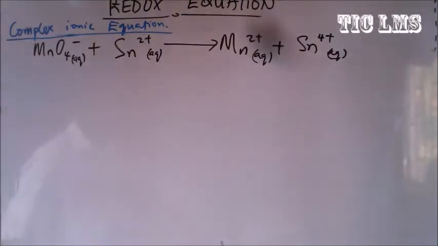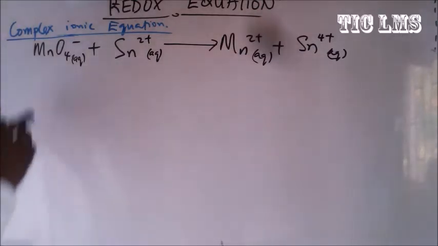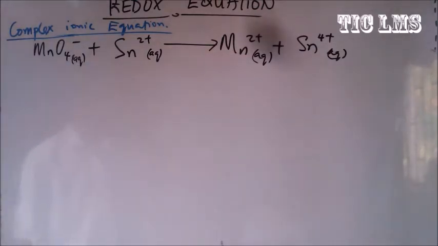Alright, next we want to balance a complex ionic equation such as this by the ion-electron method. To balance using this method, the medium could either be an acidic medium or an alkaline medium. For instance, this is an acidic medium.